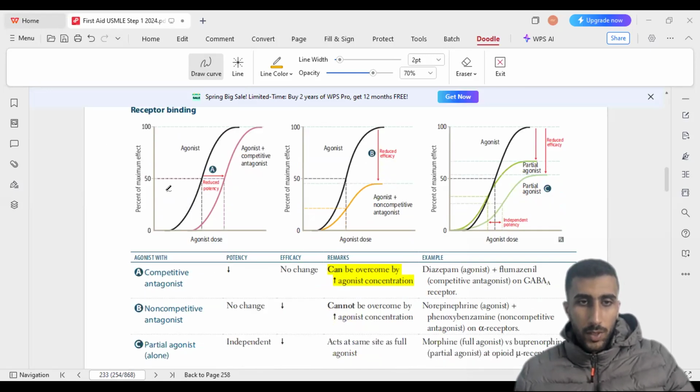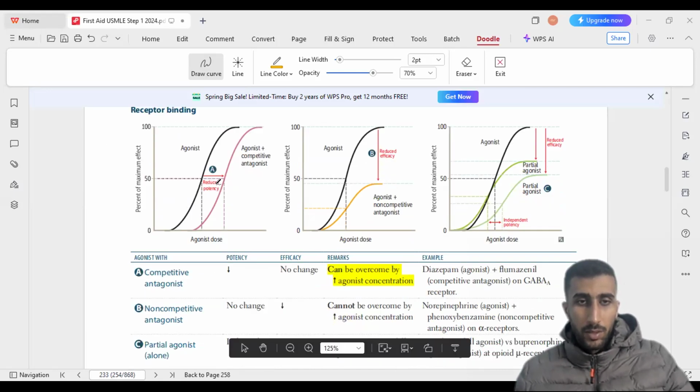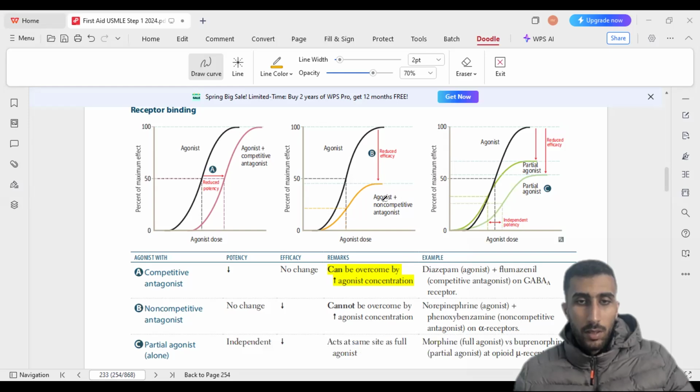Here we have three curves for different kinds of drugs: competitive antagonist, non-competitive antagonist, and partial agonist. The first curve is for the competitive antagonist, the second for the non-competitive antagonist, and the third for the partial agonist.